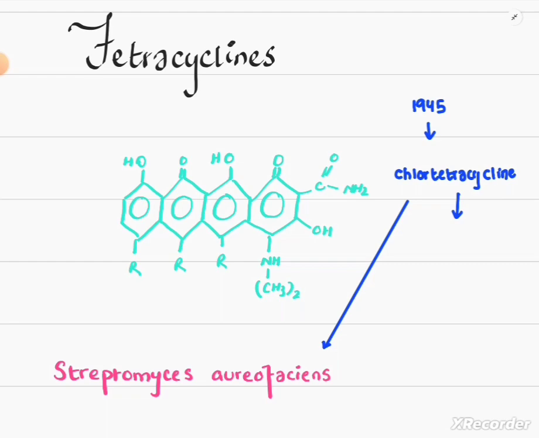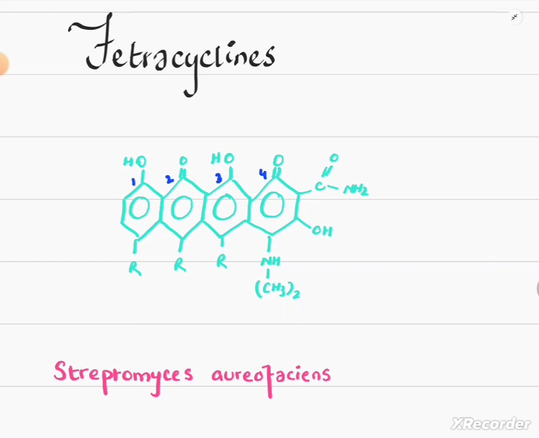As the name indicates, tetracycline has four cyclic structures or ring structures in their molecule. We can see that here we have ring number 1, 2, 3, and 4. So we have four ring structures, and from here the name tetracycline originated.